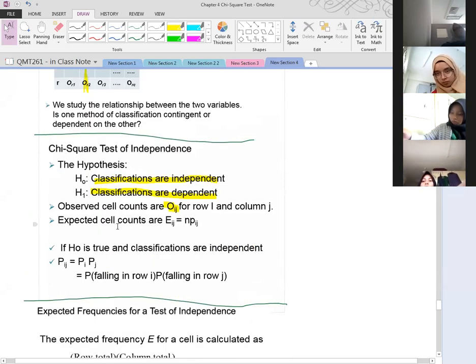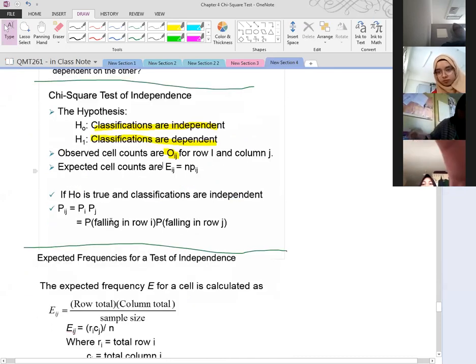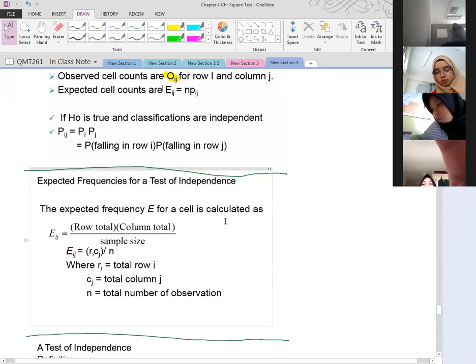The expected cell counts are N multiplied by P. If the null hypothesis is true, then the classifications are independent, and P is the probability of falling in row i multiplied by the probability of falling in column j.